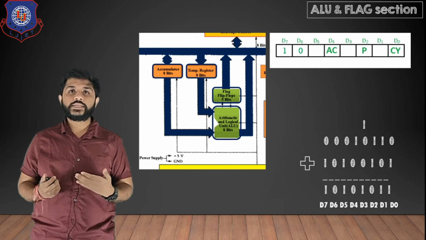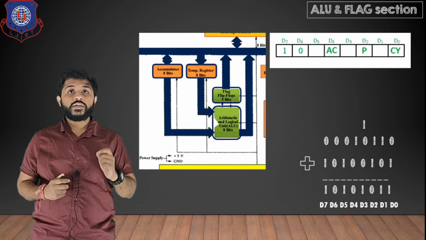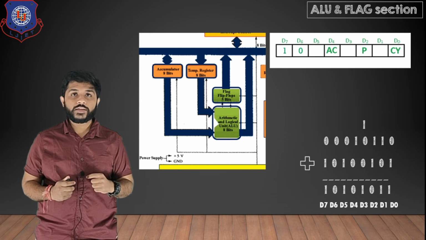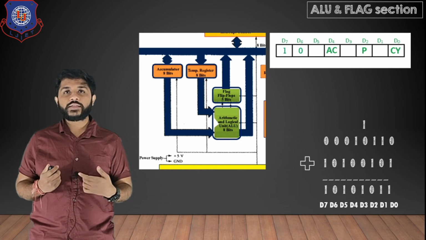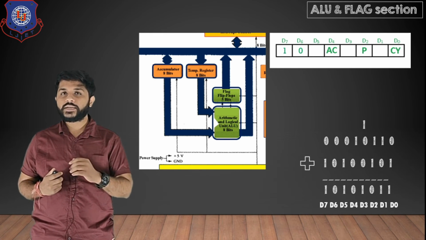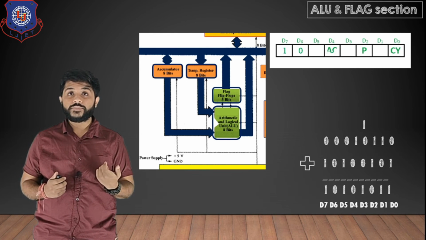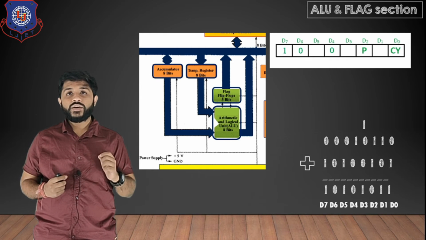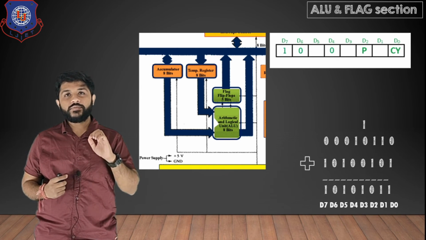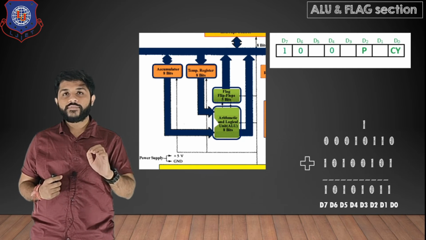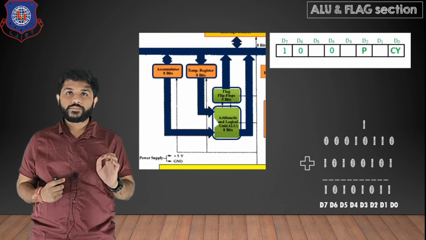That is, we can say reset. The next flag is the auxiliary flag. The function of the auxiliary flag we are going to see with a different example. Let's first see how the parity flag is changed. So right now the value of the auxiliary flag is 0.